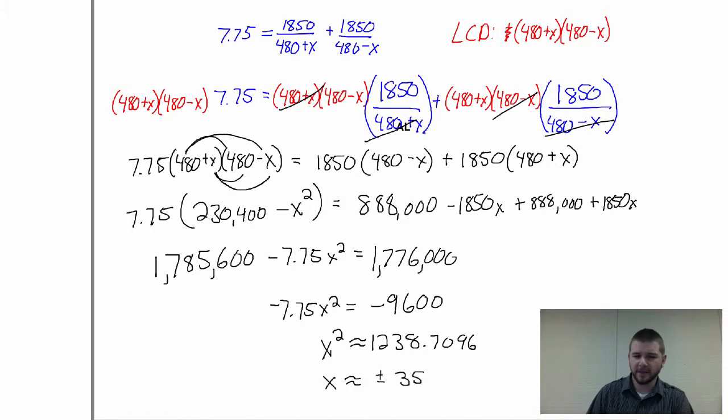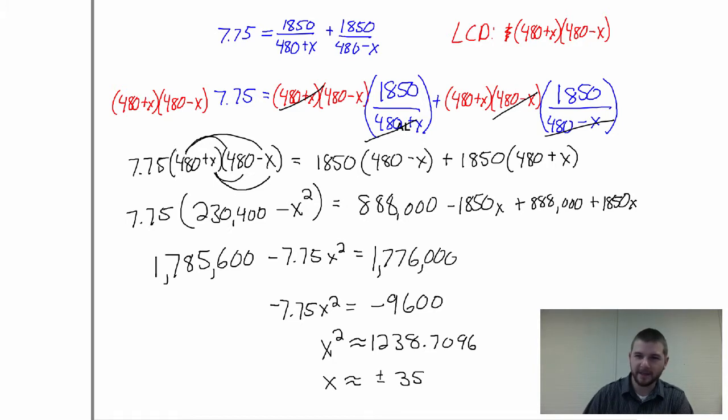So solving for x, we find positive or negative 35. Remember, this is the speed of wind in miles per hour. But keep in mind, in the context of this problem, negative 35 miles per hour doesn't make any sense for us. So we're going to go with 35 miles per hour as a good approximation.